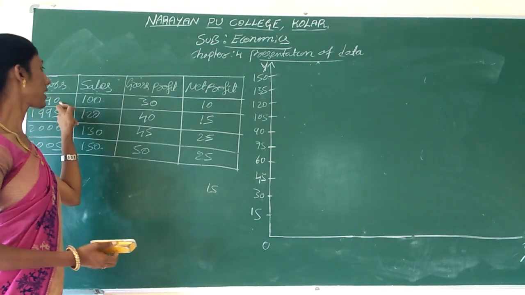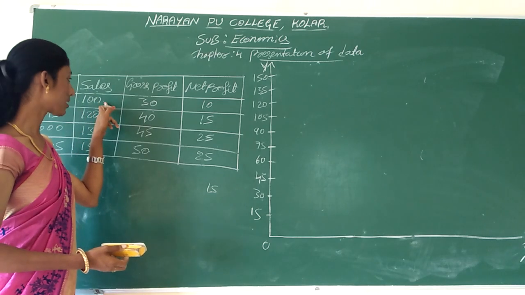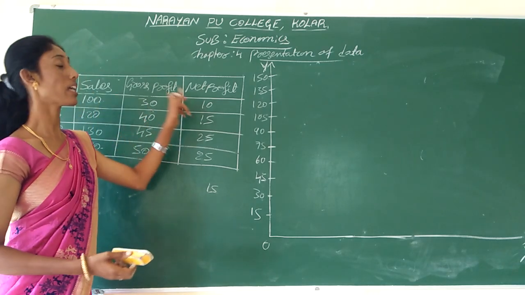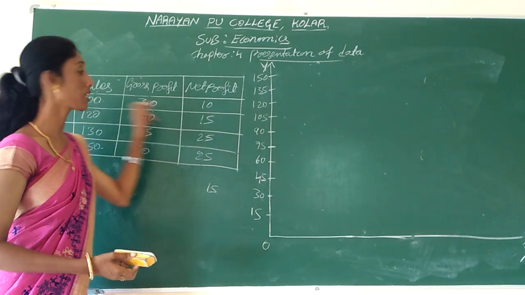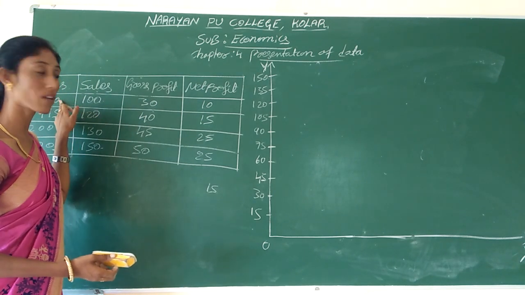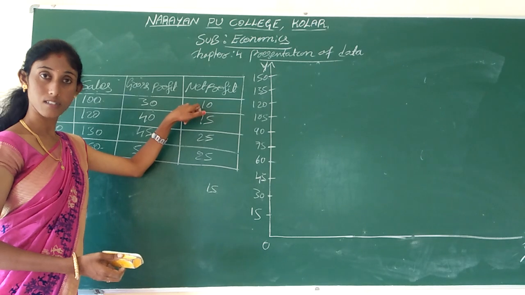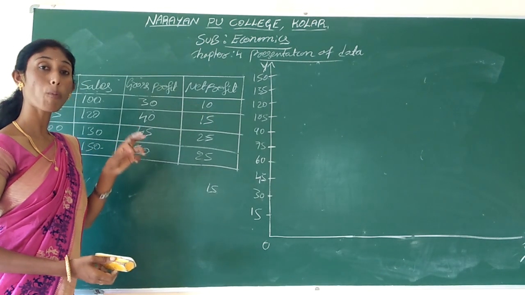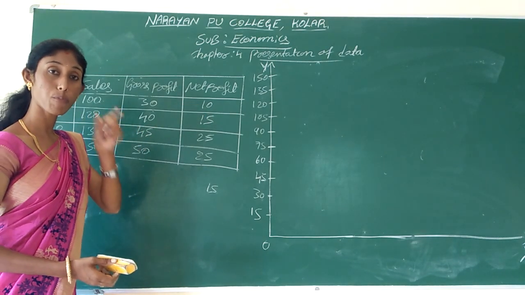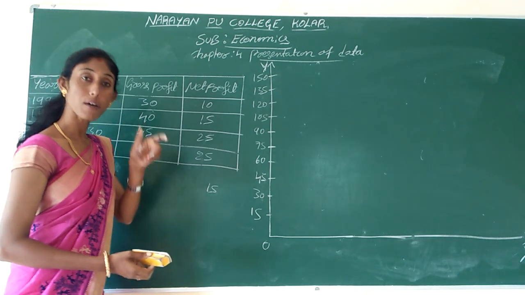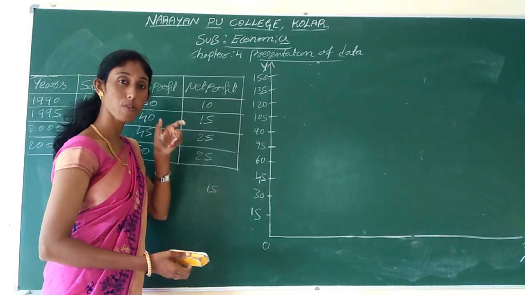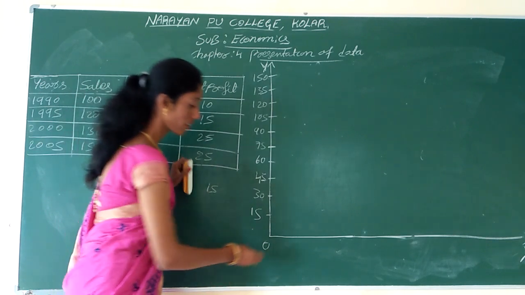In 1990, we have to represent the sales, gross profit and net profit of a company in that particular year. In one particular year, we need to draw 3 rectangles. Then we need to take up 4 points for one particular year, which means 4 equal spaces.